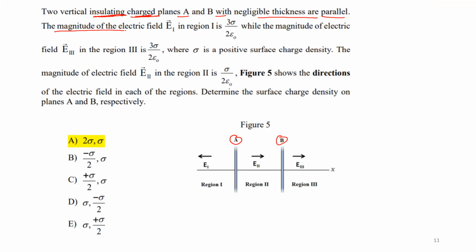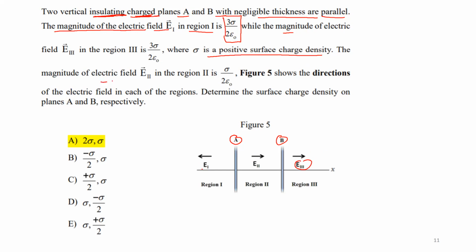The magnitude of the electric field in region 1 here is 3 sigma divided by 2 epsilon naught. While the magnitude of the field in region 3, which is here, is also 3 sigma divided by 2 epsilon naught, where sigma is a positive surface charge density.